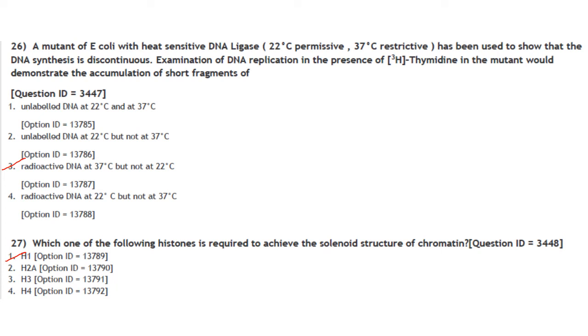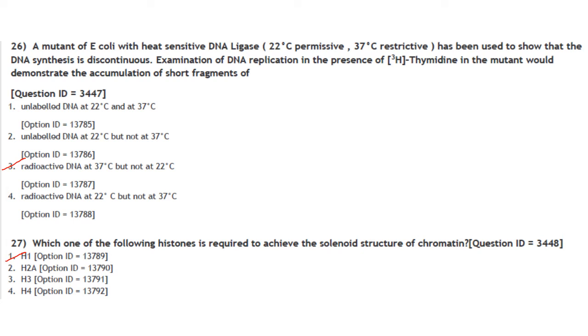Examination of DNA replication in the presence of H3 thymidine in the mutant would demonstrate the accumulation of short fragments of... As per the question, they have asked for accumulation of short fragments, and this can happen only at restrictive temperature, that is 37 degrees Celsius, and not at permissive temperature, that is 22 degrees Celsius. Why? Because at permissive temperature, DNA ligase would have joined the fragments. So answer is option 3, that is radioactive DNA at 37 degrees Celsius but not at 22 degrees Celsius.